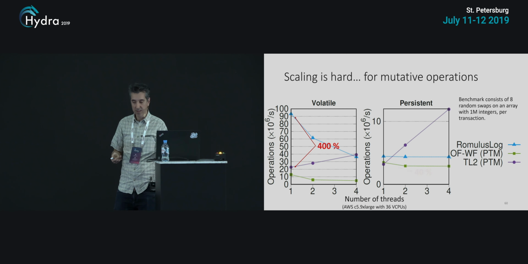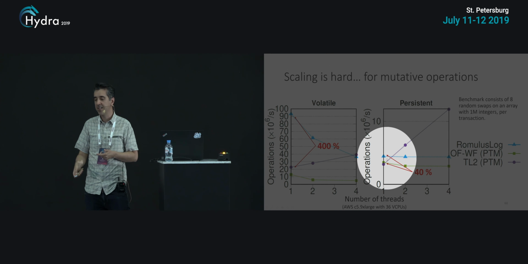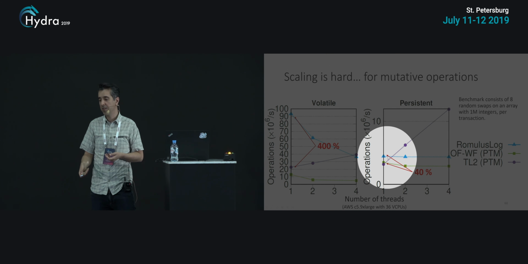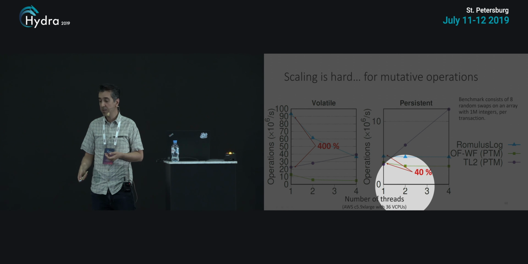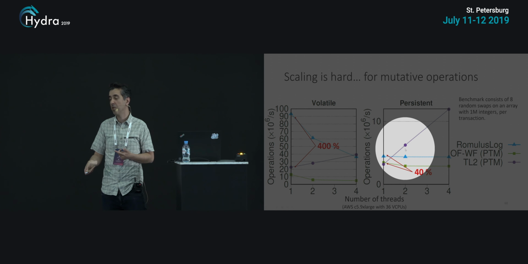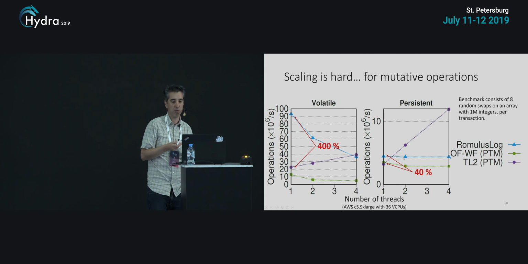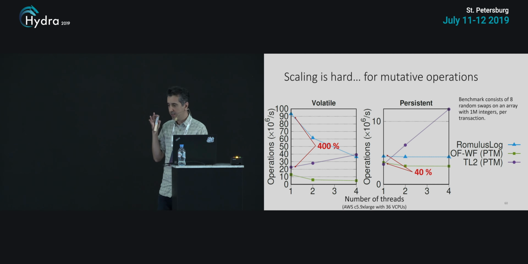So what this means is that now the difference is no longer 400%, it's 40% in this specific case, and this can be improved a lot. It also means that once you go to 2 threads, you're already ahead of the game. You've beaten the global lock, plus whatever technique you use. So that's the real insight.